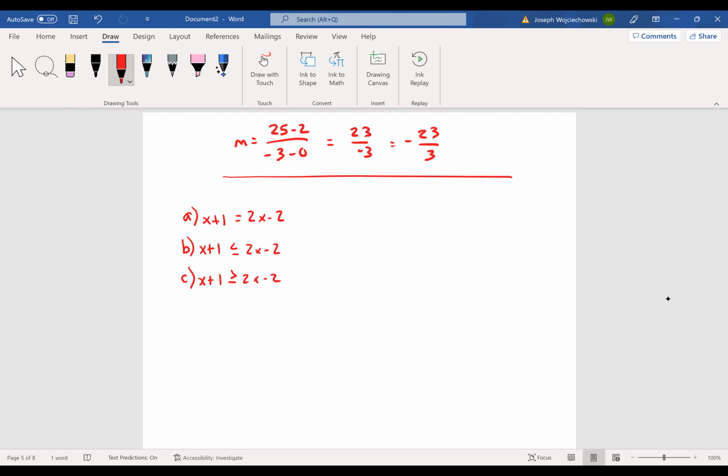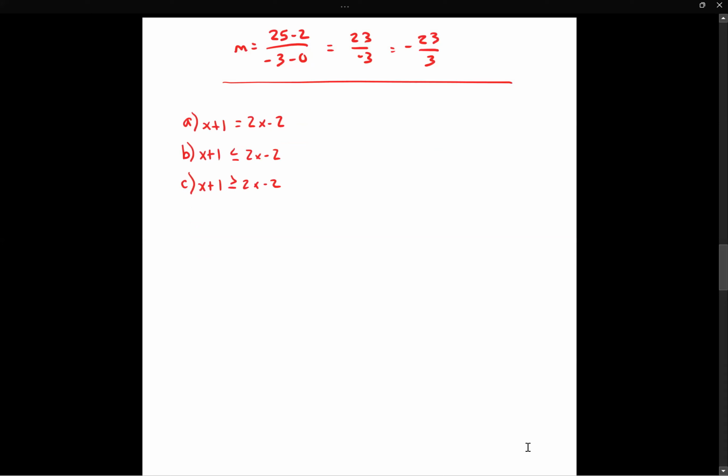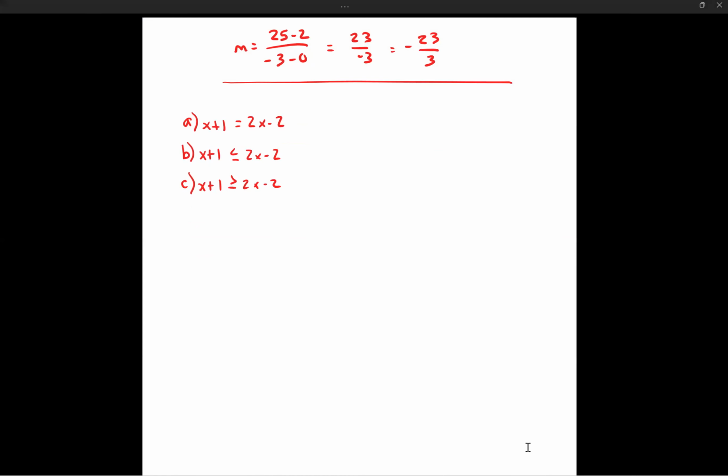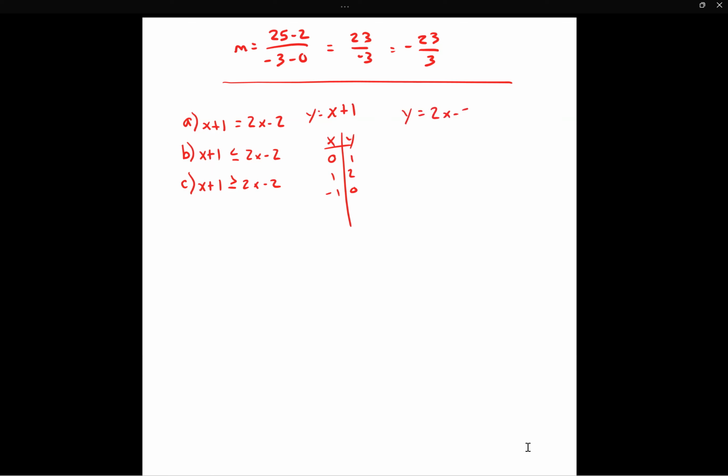Okay, so first we need to draw these lines. We start with x plus 1. Looking at y equals x plus 1, x is 0, y is 1; x is 1, y is 2; x is -1, y is 0. Now let's look at y equals 2x minus 2.